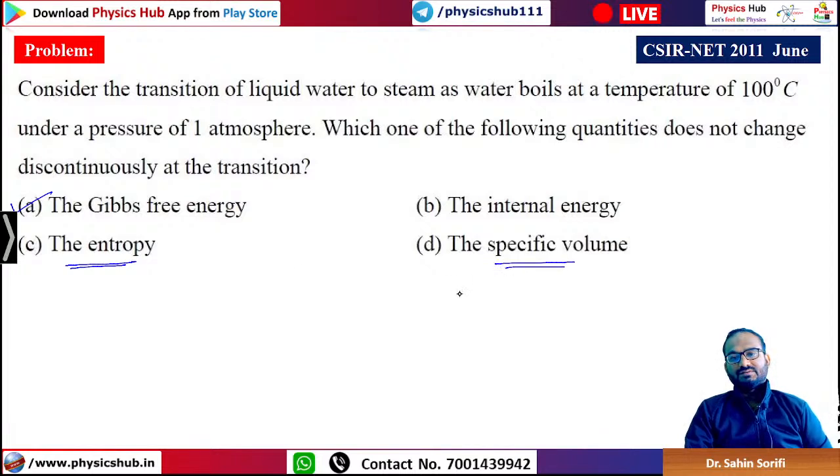Specific volume, that you know. How internal energy changes discontinuously. The options A, C and D we have talked about while discussing the theory. What about the internal energy? How internal energy is discontinuous?